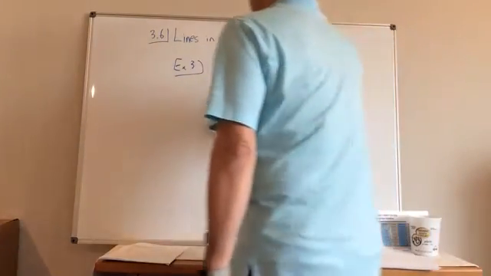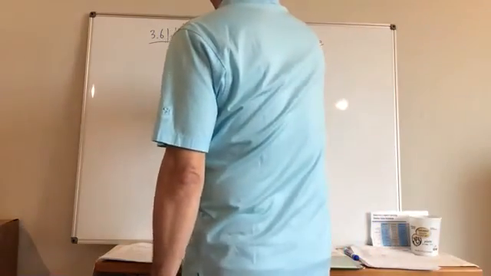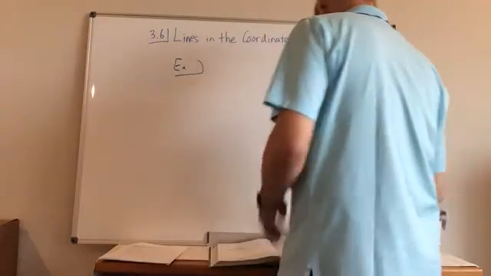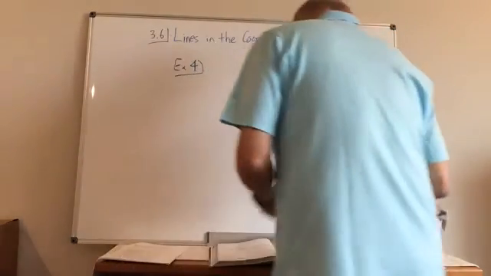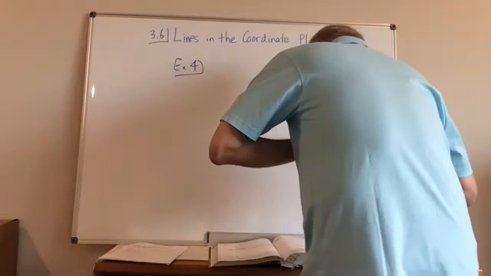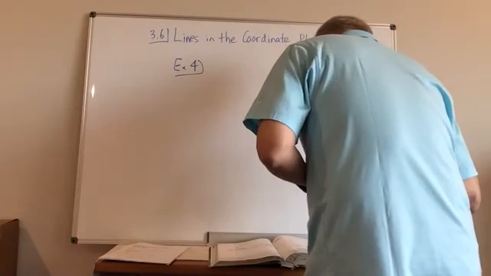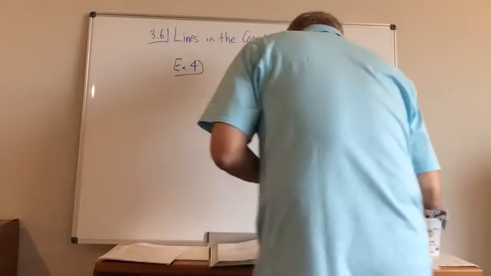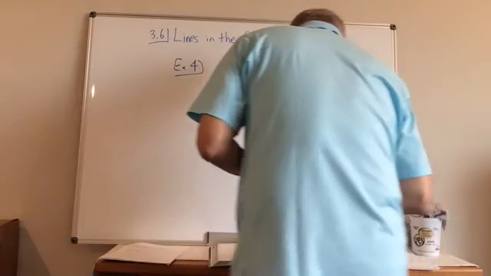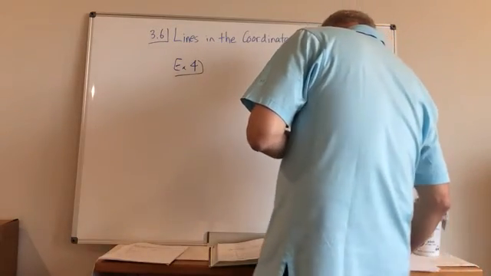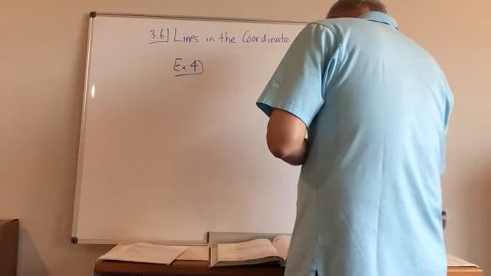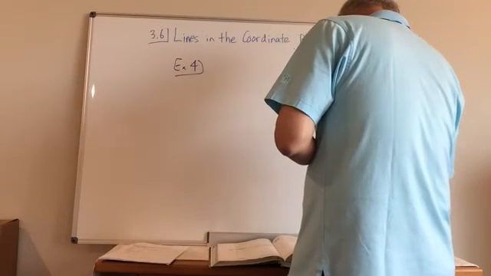Last but not least, let's see if we can go through example number 4. Audrey is trying to decide between 2 health club plans. After how many months will both plans' total cost be the same? Plan A has an enrollment fee of $140 and then a monthly fee of $35.